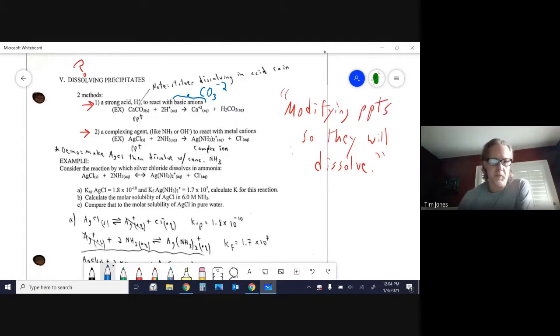So take this precipitate, calcium carbonate. And let's say we have this precipitate and we want to get this dissolved. What we can do is add a strong acid. And the only thing that is important here is H+. The acid, the H+, will attach to the carbonate, changing it from carbonate to something else.